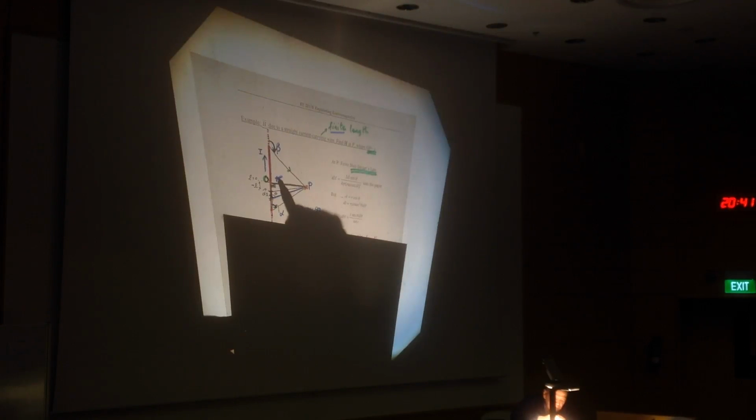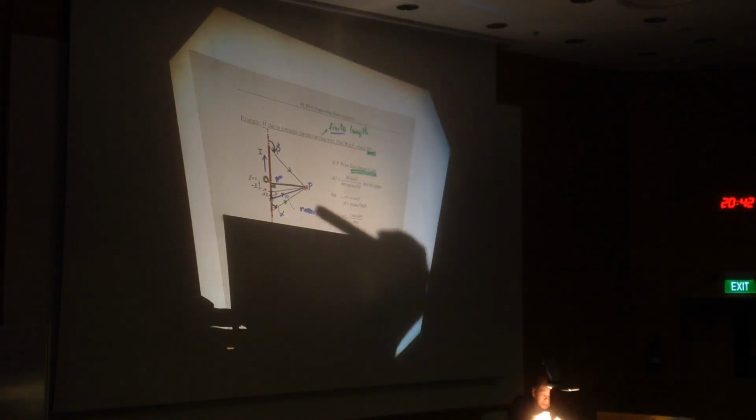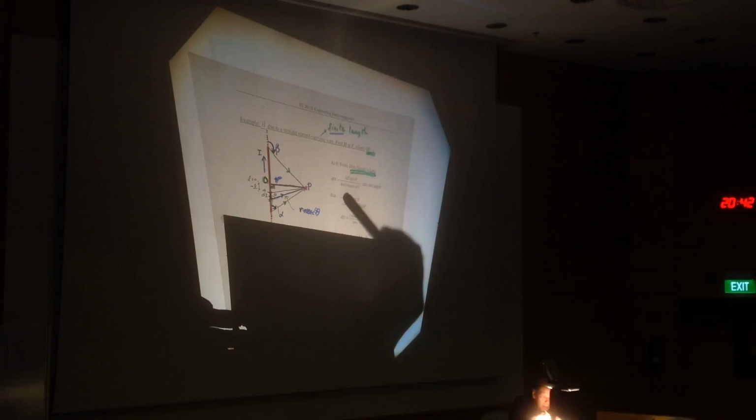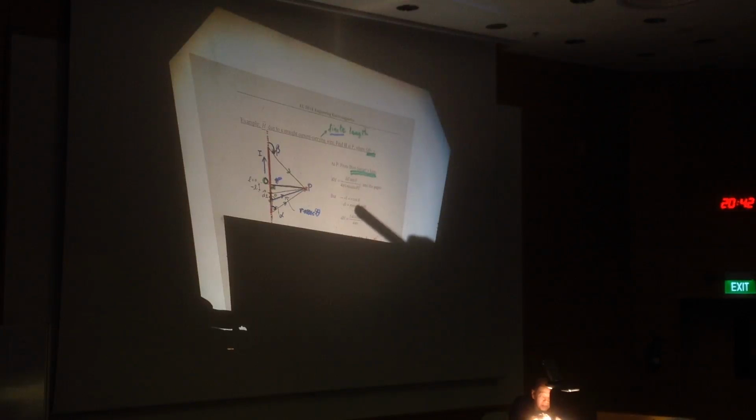R is taken for convenience at 90 degrees to the current element. There is no harm done in this. Okay. So therefore, by differentiation, dl as a variable here, dl or dz, doesn't matter.